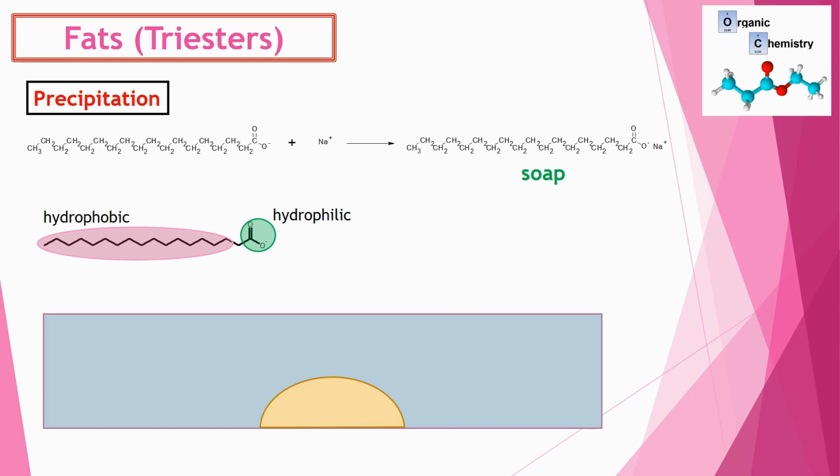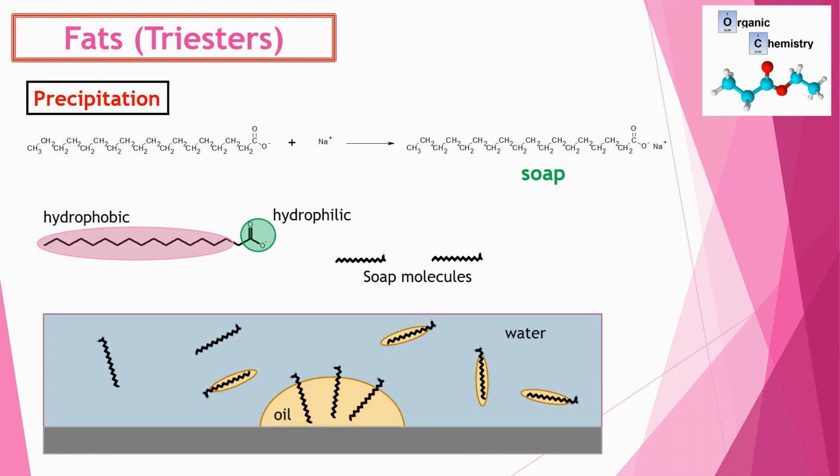Now this is really useful when it comes to cleaning things, because we can just call these soap molecules to make it easier. If we put them in water, and we have a bit of cloth at the bottom, this grey is some cloth with some oil on it, the hydrophobic part of the soap molecules is attracted to the oil or petrol or anything with big long alkane chains, and will dissolve a globule of the oil around itself.